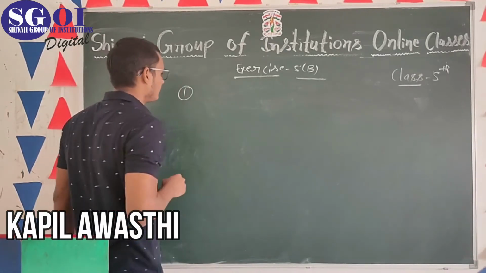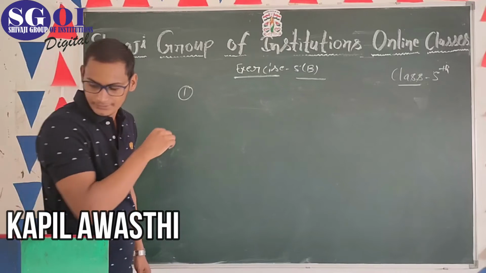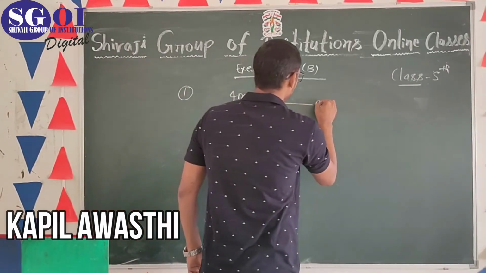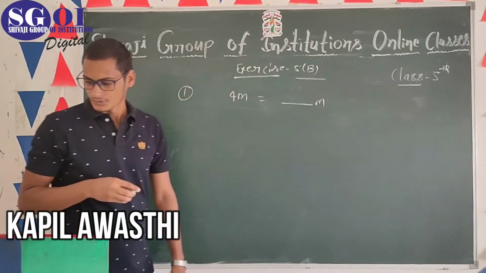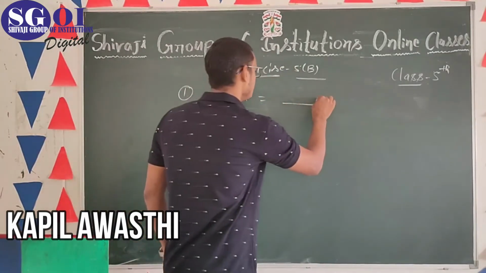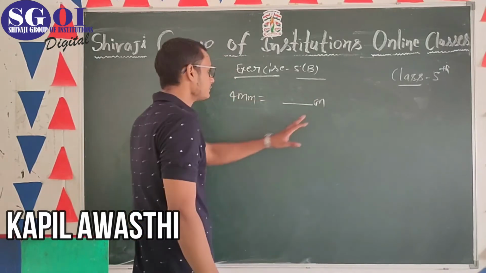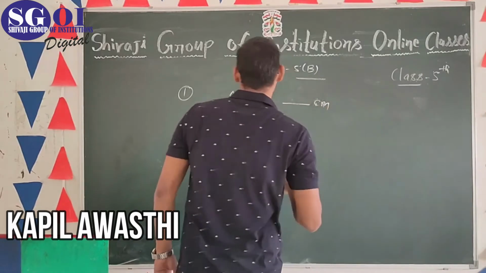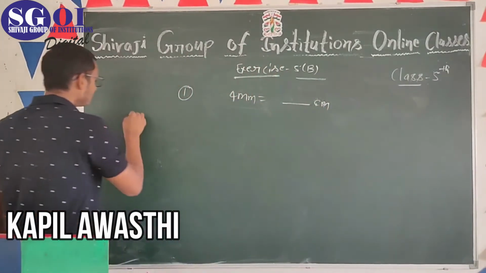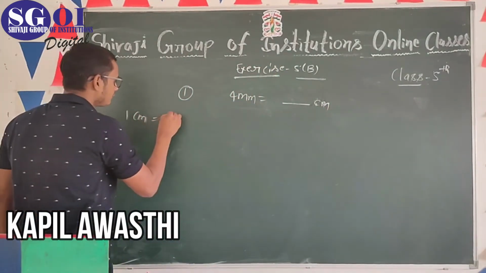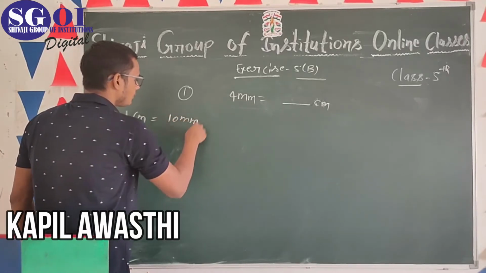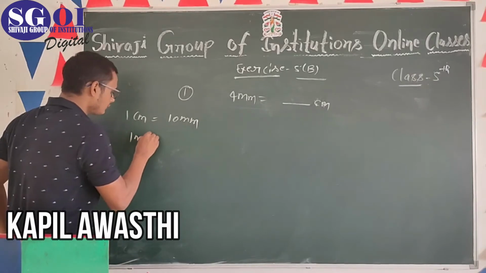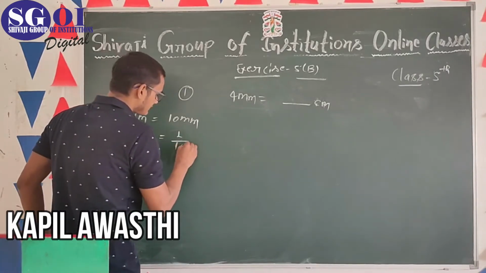So, question number 1. 4 millimeter is equal to, change into centimeter. As we know, 1 centimeter is equal to 10 millimeter. So 1 millimeter is equal to 1 upon 10 centimeter.